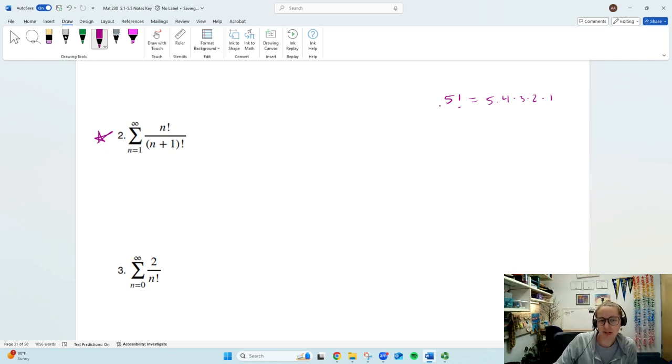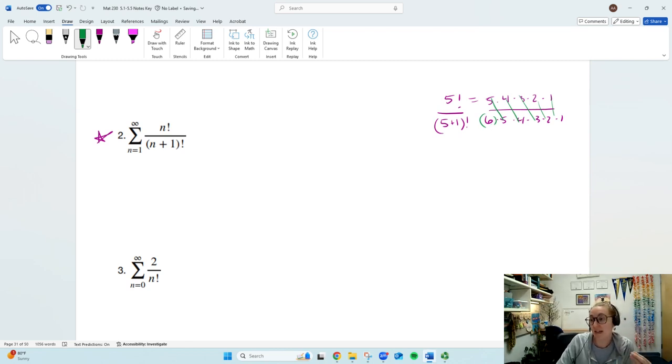And if I treat my 5 like my n, then down here on the bottom, I would have 5 plus 1 factorial, which would be 6 factorial. I'm multiplying all the values that are 6 and below. So my hint here is maybe some things will actually cancel out, and you can see that they do, and I'm just left with that 6.